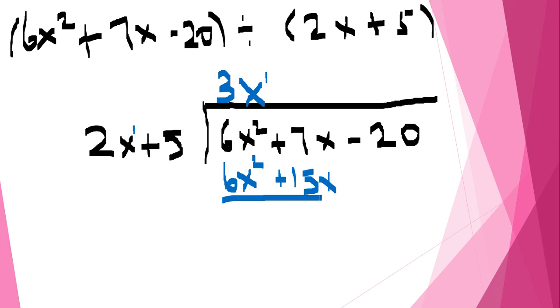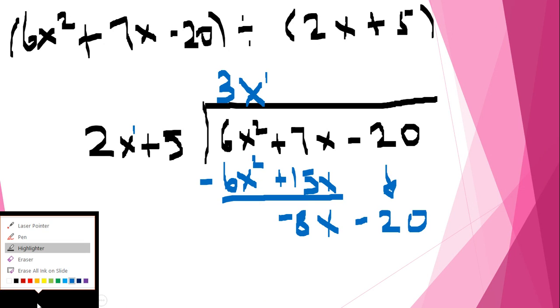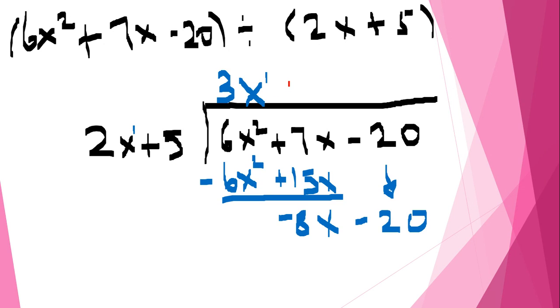We do a subtraction and that cancels off. 7 minus 15 will give us minus 8x. I'll drop down the negative 20 now. I have to think of another number.